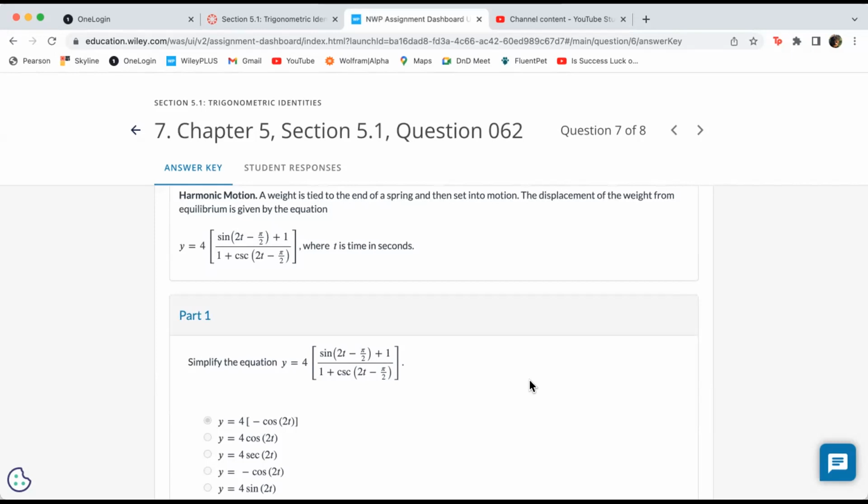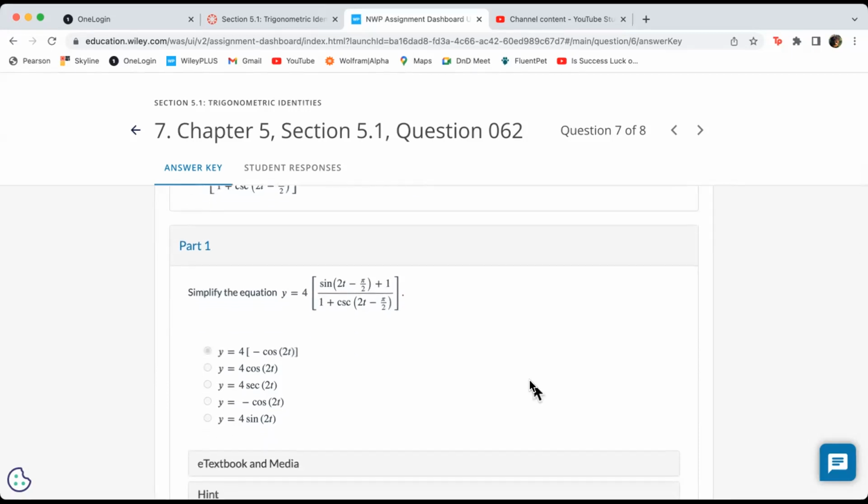Those are just brackets, and t is time in seconds. We want to simplify the equation, and you can see what we're going to end up with.